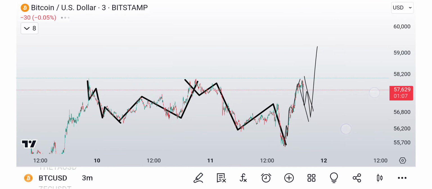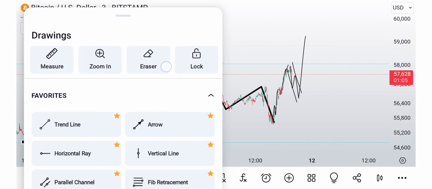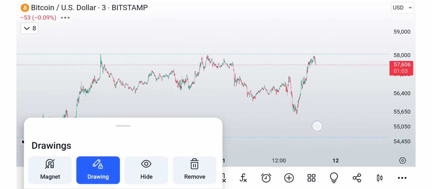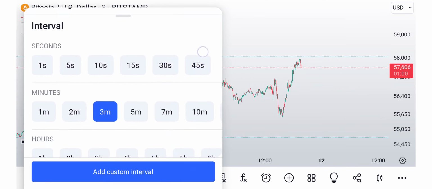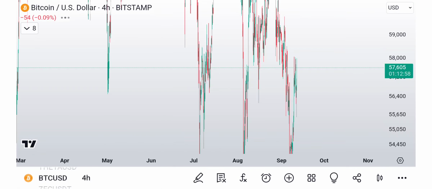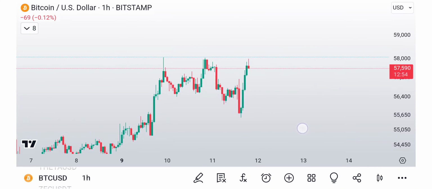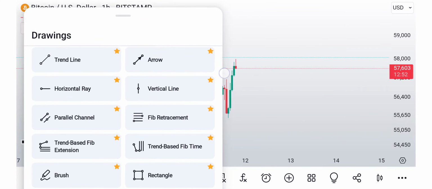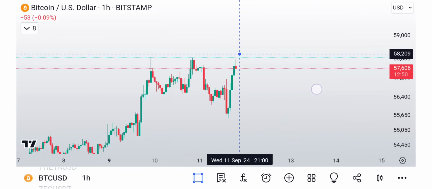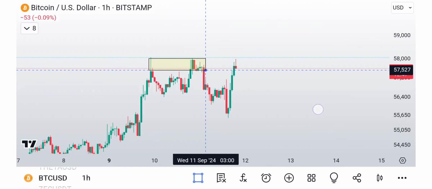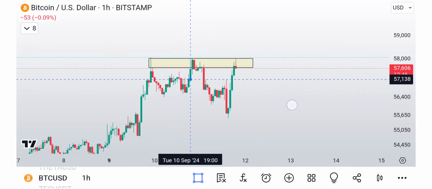Now, what if that doesn't happen? What if we keep going down and everything I said turns out to be not valid? Well, then I would look at it from this perspective. That's a big impulse, by the way. So we have to keep that in mind. And this is a beautiful 3-wave pullback.